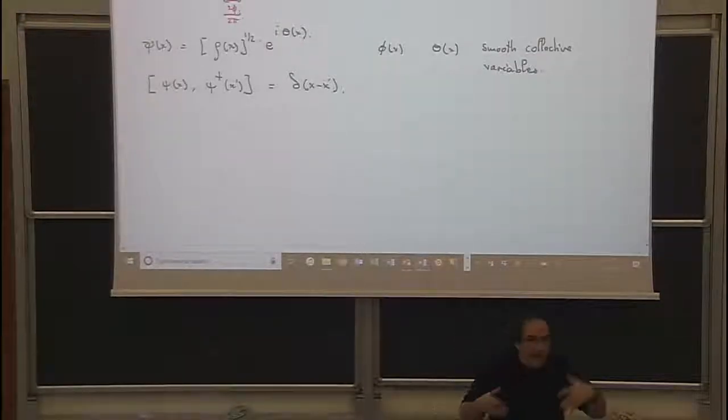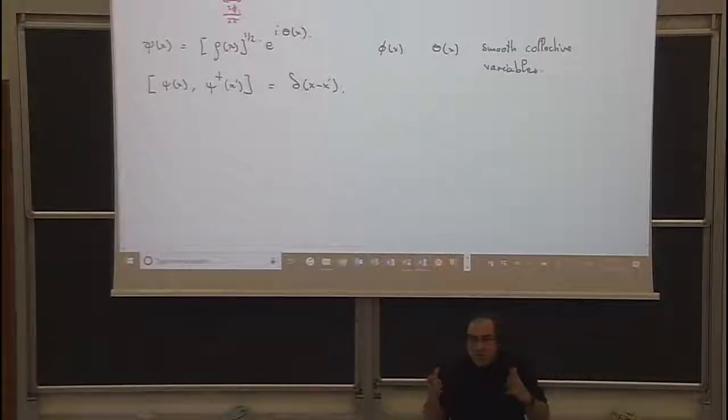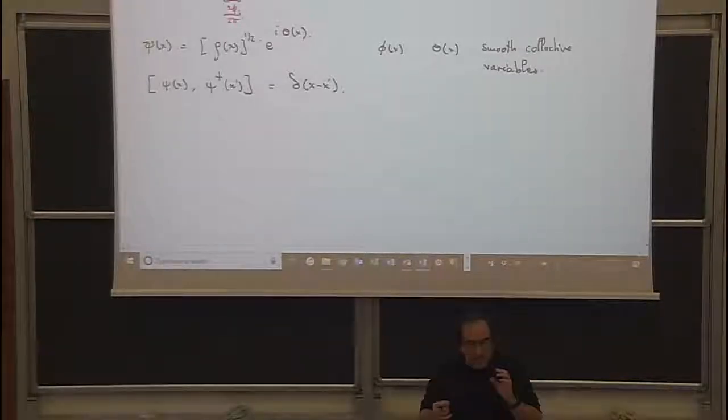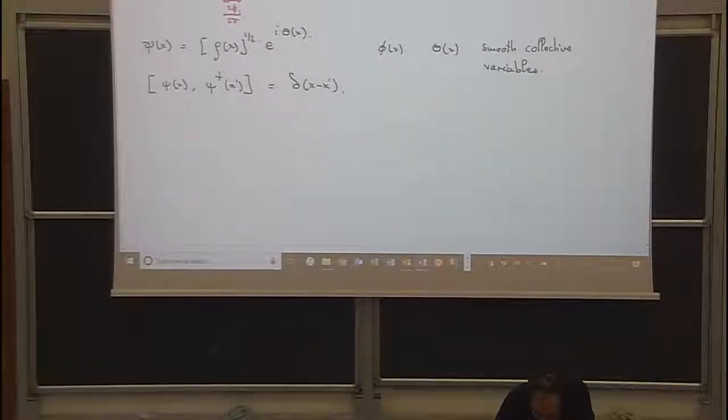Because you see that if phi and theta commute, for example, with the expression I've written, there is no way I'm going to get the right commutation relation between psi and psi dagger. So I let you do it as an exercise. It's not foolproof in the sense that you have to, let's say, do it in reverse, but I let you show that phi of x and 1 over pi grad theta of x prime are essentially canonically conjugate variables.